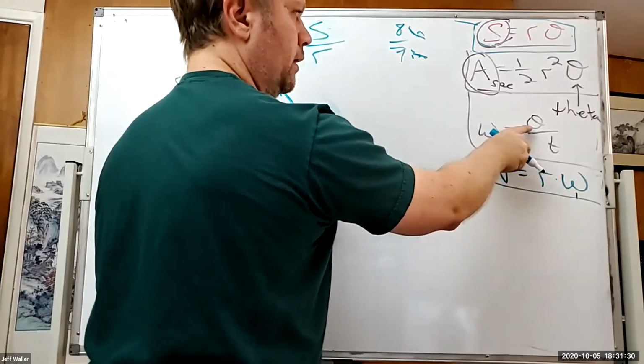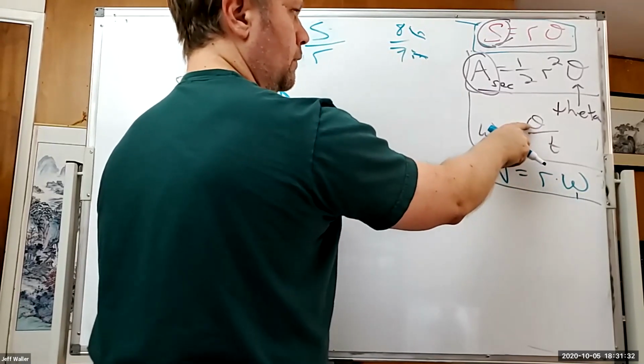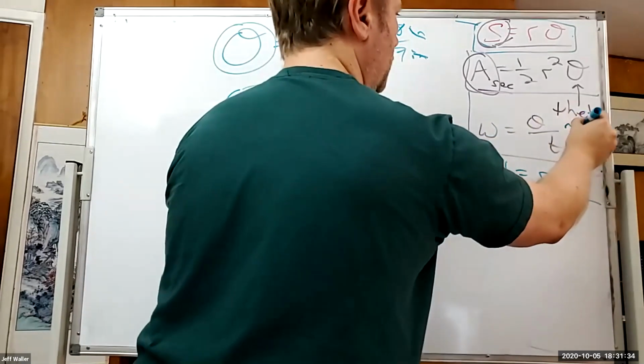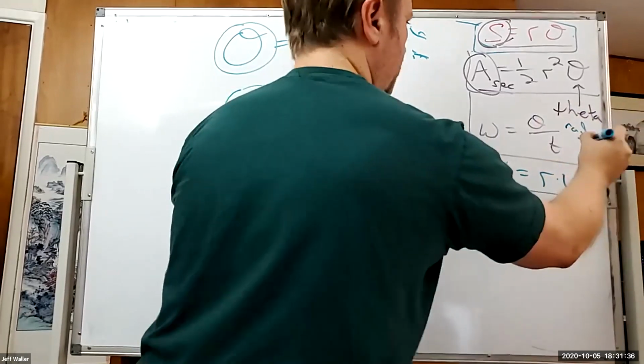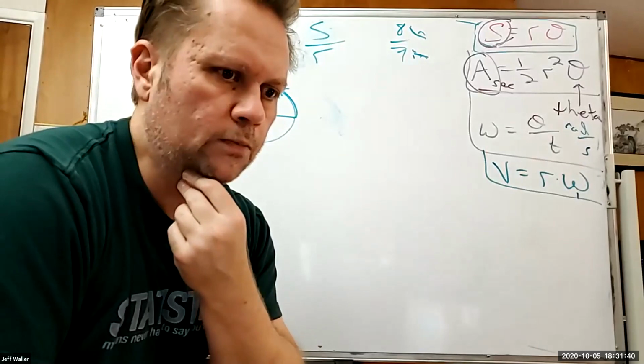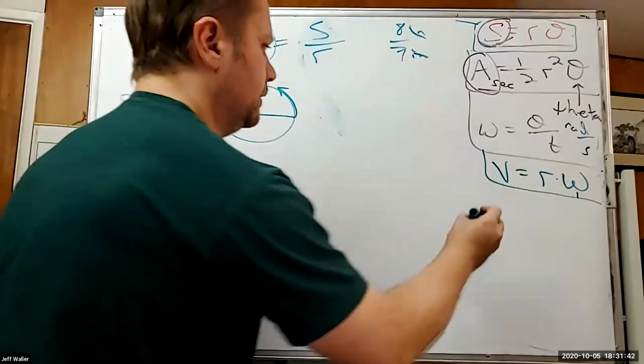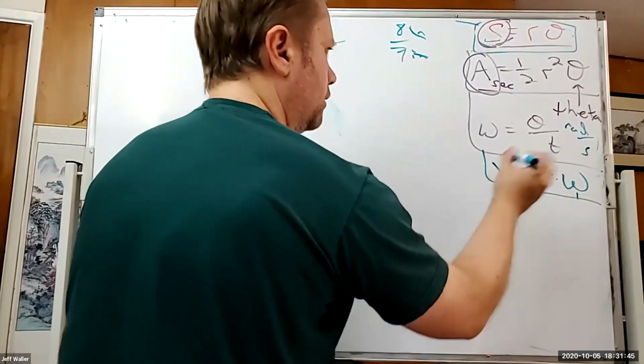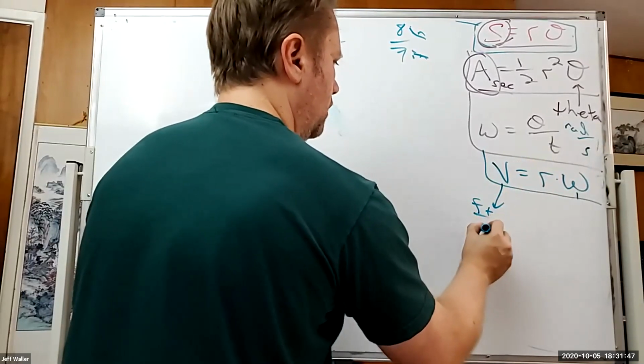Radians per second, for example. And a velocity is supposed to be in something like feet per second, right?